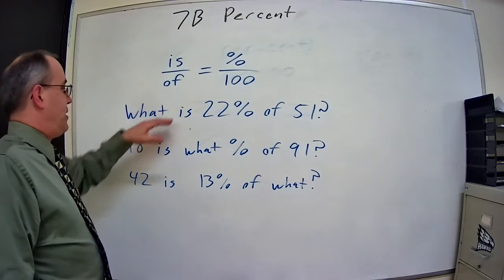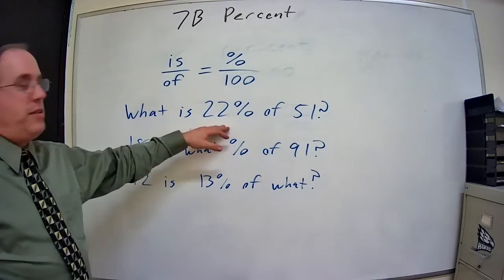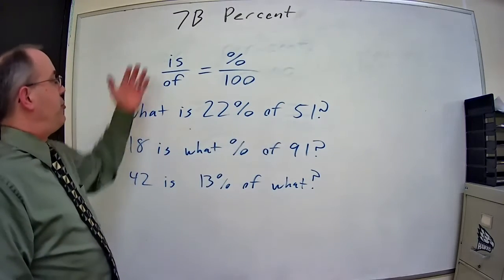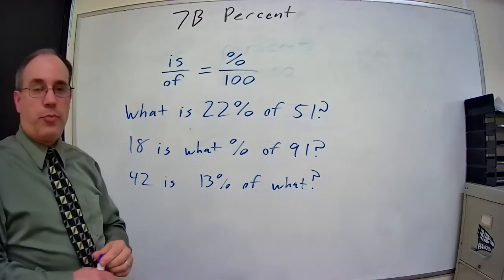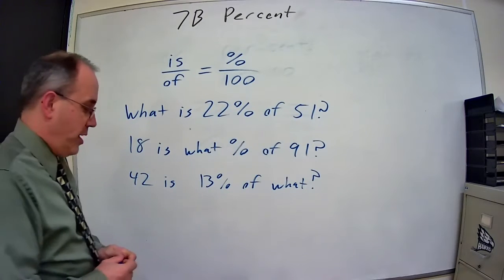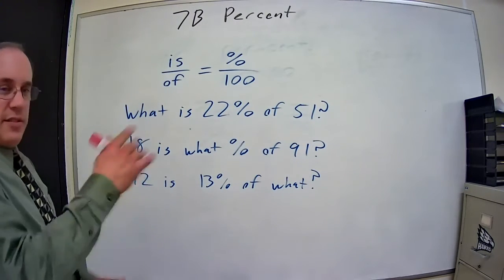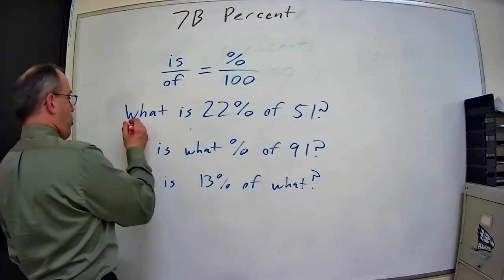We're looking for what, right? We have 22, we have 51. Well, how does this fit into is over of is equal to percent over 100? Each of these can be broken down into segments.